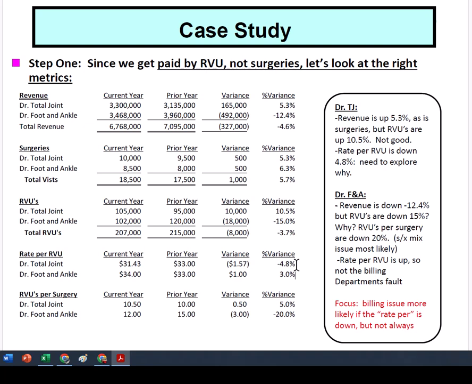If it's a rate issue, if the rate is down, then you can start to look at the billing department. It's more likely. It's not definitive. So when you get a question in the final, absolutely the billing department's fault, don't fall into that trap. These issues are where to look, not place blame. It's where to start looking.